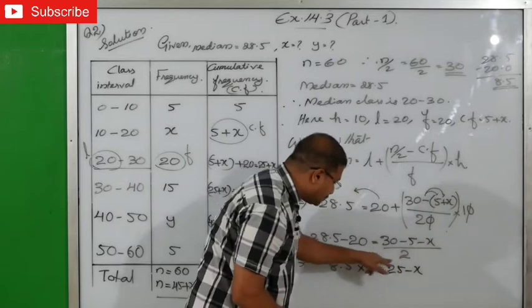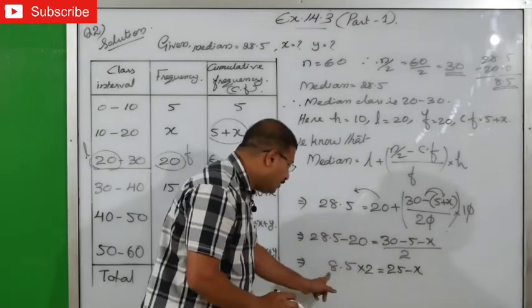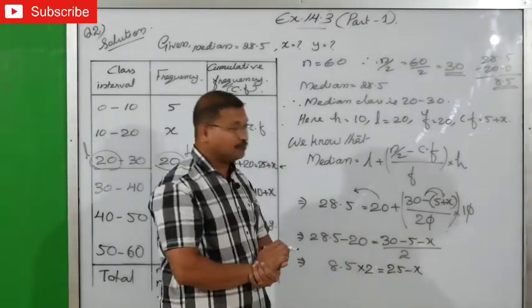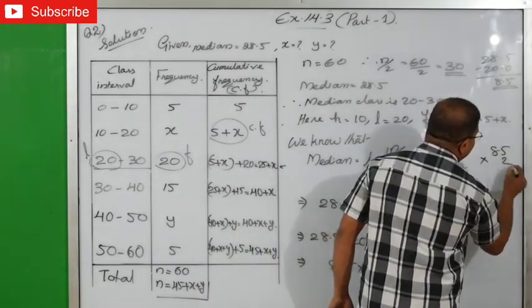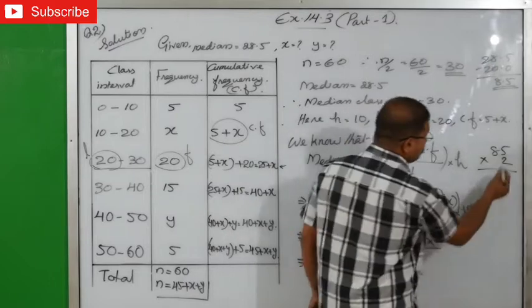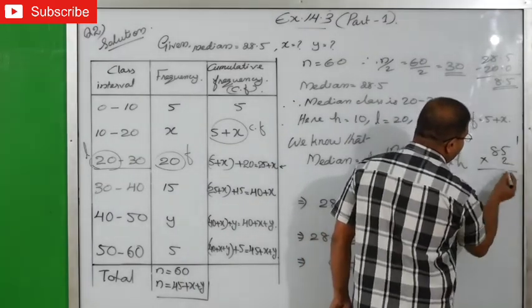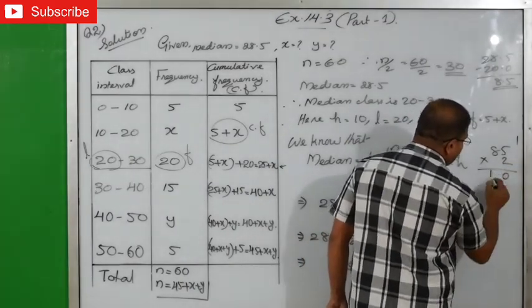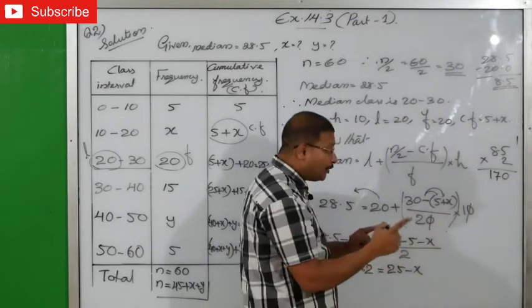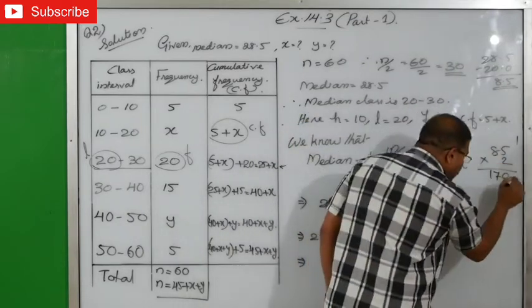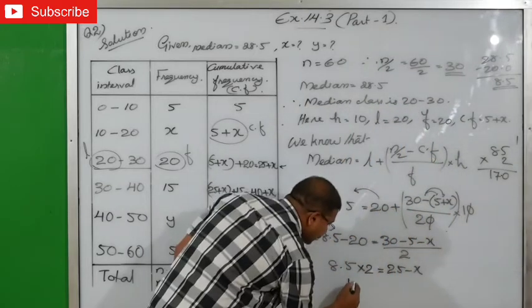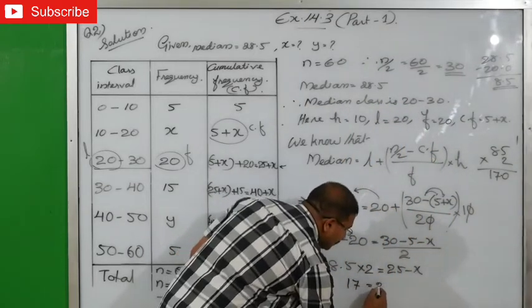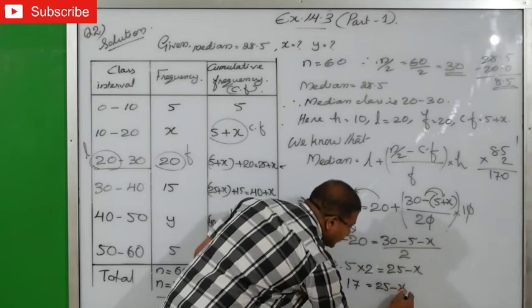Now 8.5 into 2: 5 twos are 10, 1 in hand, 8 twos are 16 plus 1, 17. Since 8.5 has 1 decimal, from right to left put 1 point. That means 17 equals 25 minus x.